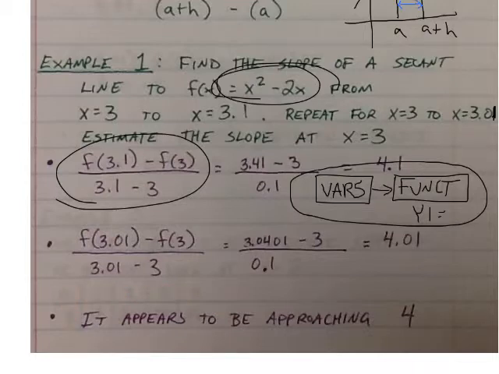So our algebraic estimation of the tangent line slope at 3 is 4. Which means if we were to graph this function, maybe it looks something like this. At x equals 3, the slope of that line probably is about 4, based on our secant slopes.